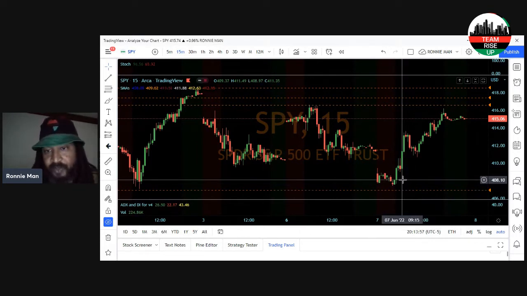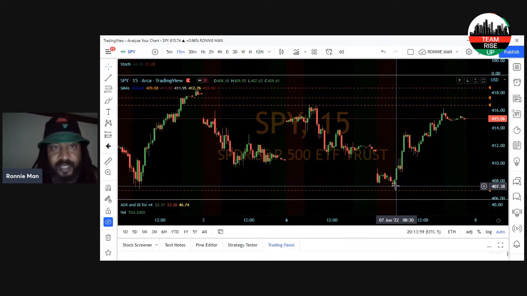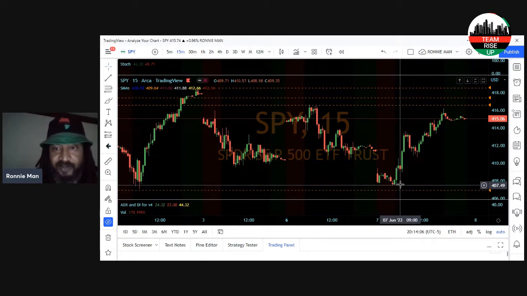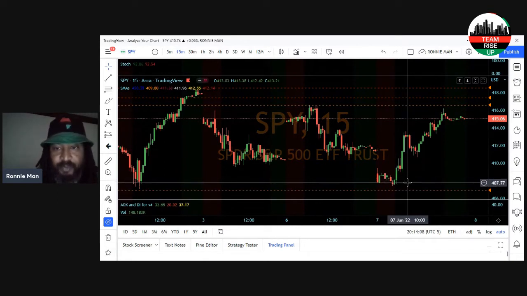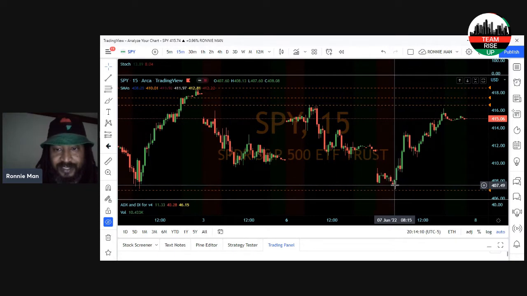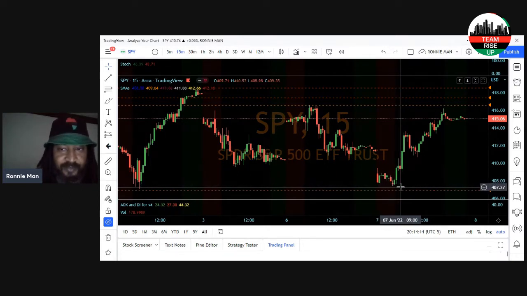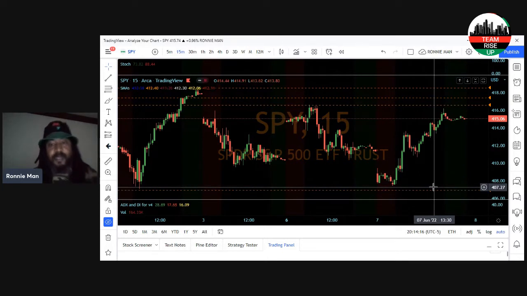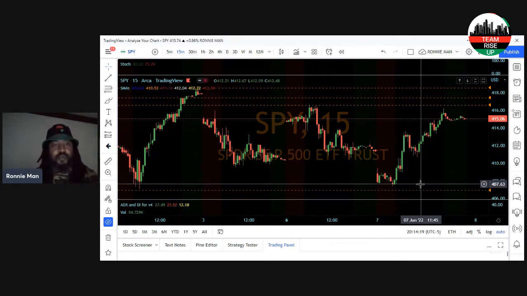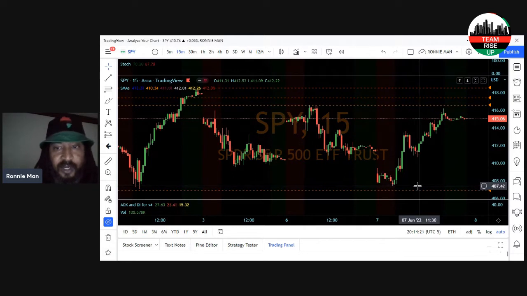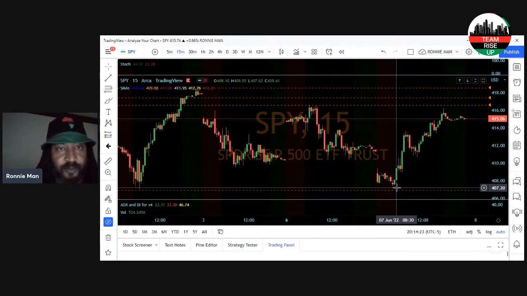The market opened right here at what did it open? 408.10. It pulled back. It did not take out this low. It did not take out this low. It pulled to a low of 407.63.